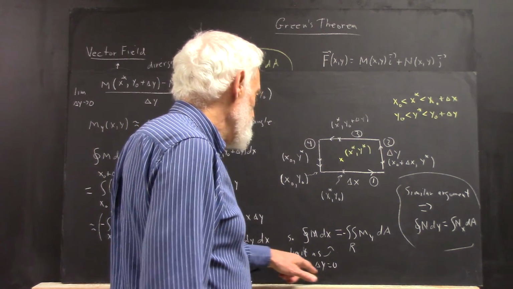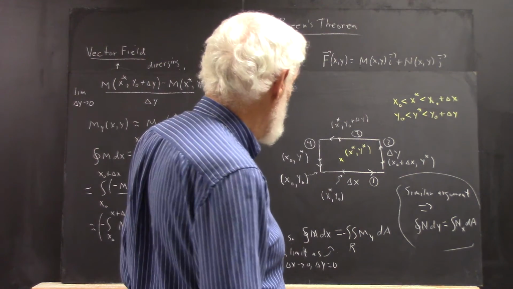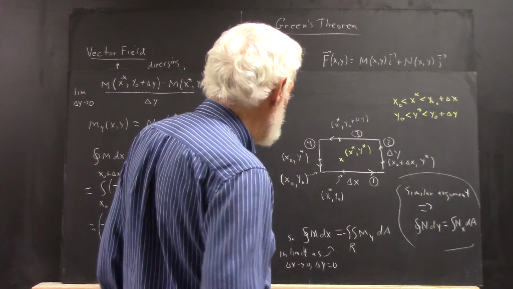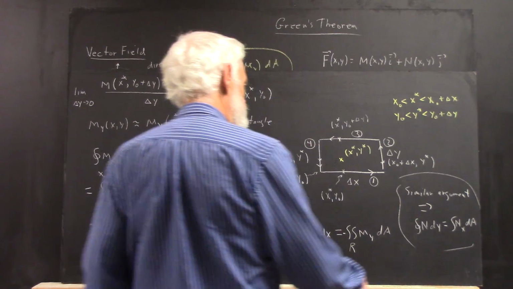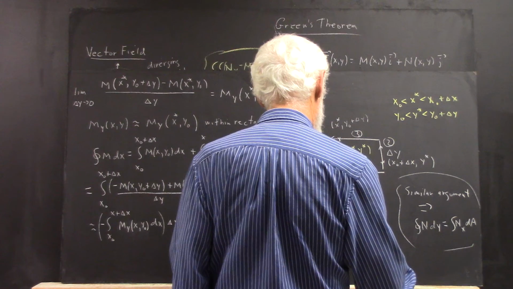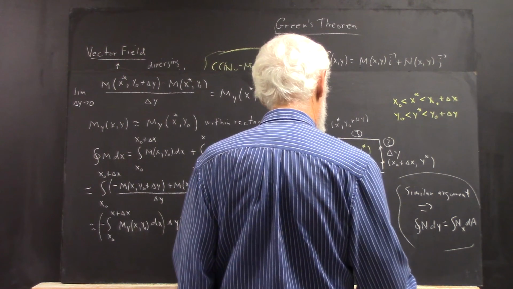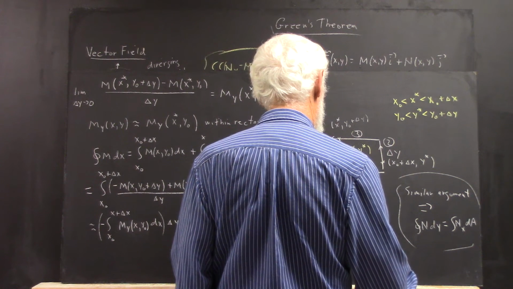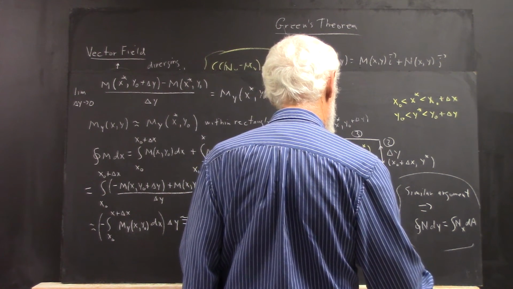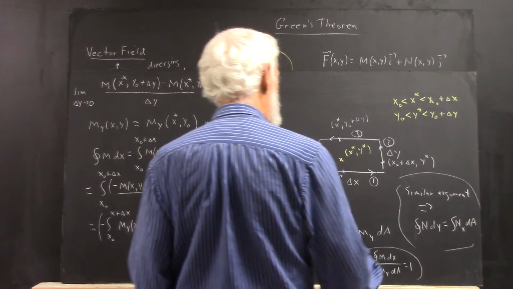Of course, in the limit, as delta x and delta y both go to 0, these integrals are both 0, so that's not really right. I could say that the integral of m dx over negative double integral of m sub y dA equals 1.